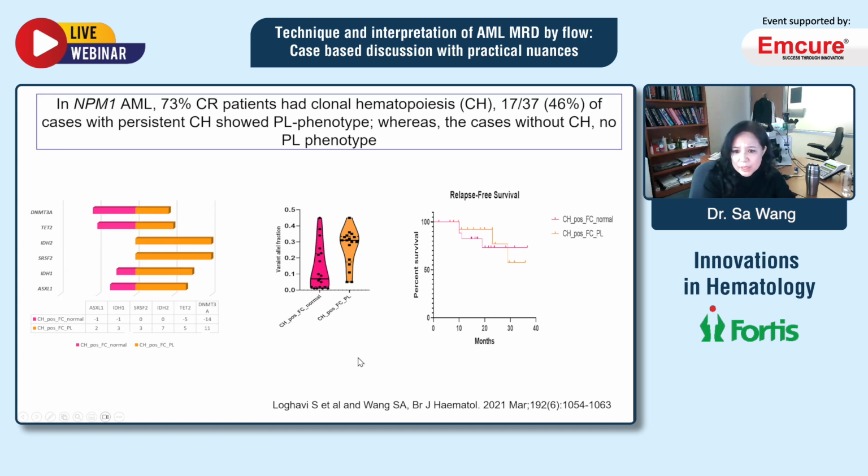Recently we summarized another cohort outside of the NPM1 setting, and we showed a similar phenomenon, very common with IDH2 and SRSF2 mutations, high VAF, and also not affecting leukemia-free survival, but it did affect overall survival. So we think these patients with the PL immunophenotype probably had high-risk clonal hematopoiesis or low-grade MDS in the background of these patients, right?